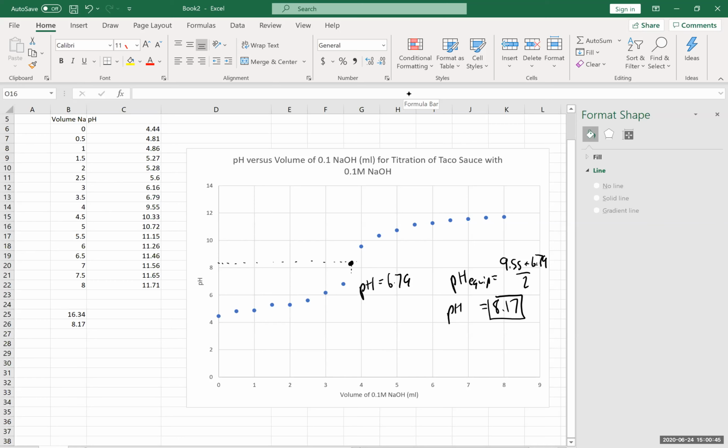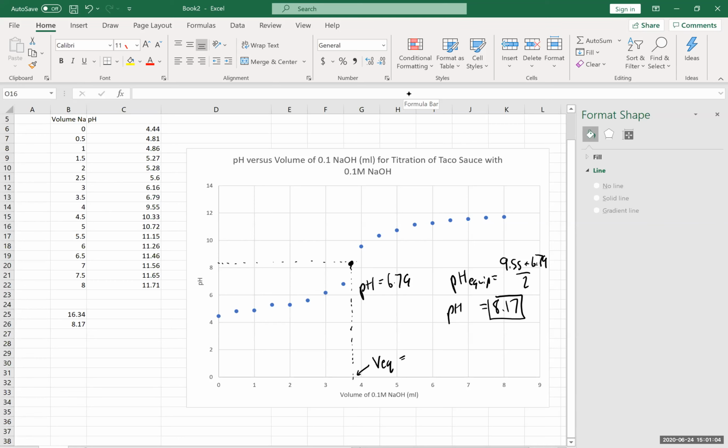You're going to identify your pH, trace it to your chart, and then go all the way down and record the volume at your equivalence point.